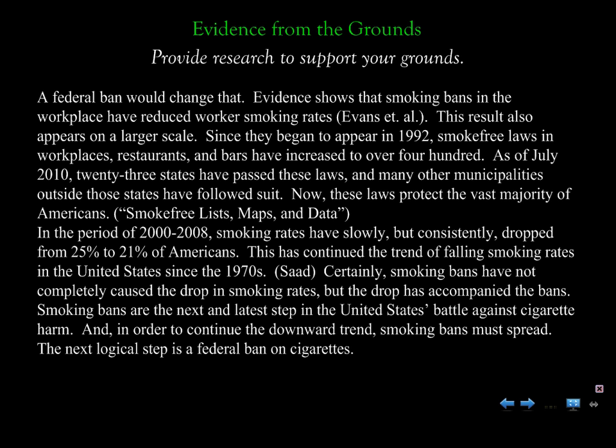In the period of 2000 to 2008, smoking rates have slowly but consistently dropped from 25% to 21% of Americans. This has continued the trend of falling smoking rates in the United States since the 1970s. Certainly, smoking bans have not completely caused the drop in smoking rates, but the drop has accompanied the bans. Smoking bans are the next and latest step in the United States battle against cigarette harm. And in order to continue the downward trend, smoking bans must spread. The next logical step is a federal ban on cigarettes.